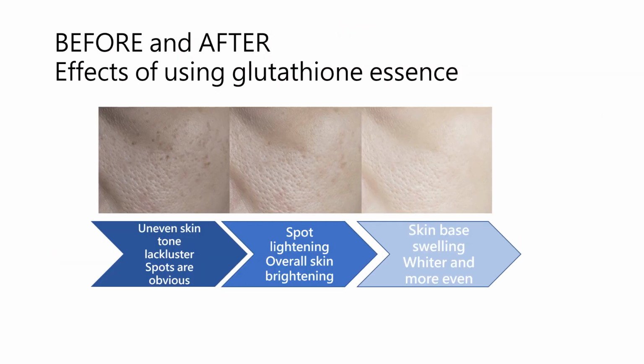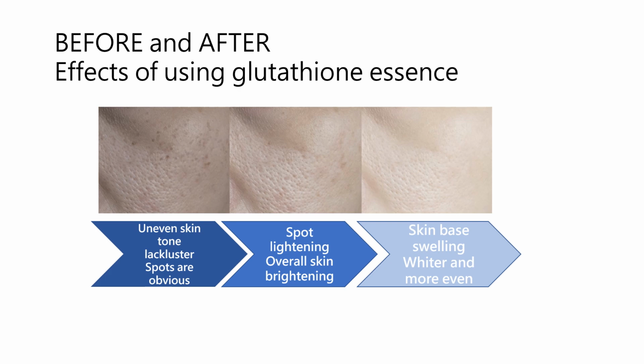So this slide depicts before and after comparison pictures of using our glutathione essence and its effect. On the left side is the before. We can see that there is uneven skin tone and there are a lot of dark spots which are obvious. After a few days of usage of our glutathione serum, in the middle photo, there is an overall skin brightening and the spots seen on the left side are now reduced.